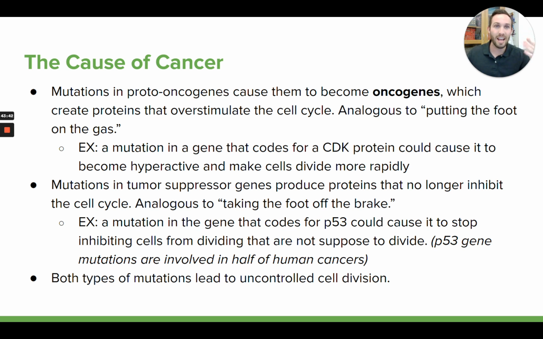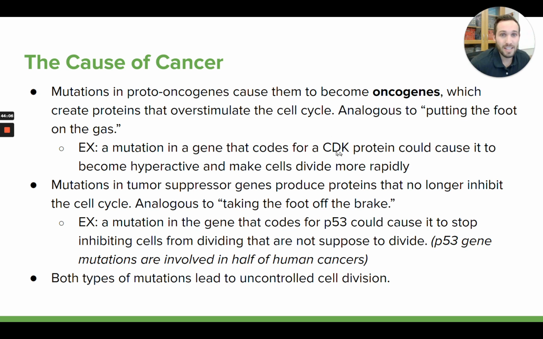Well, then you're going to have faster progression through the cell cycle than you're supposed to. That's bad. You don't want cells going through the cell cycle and dividing more than they're supposed to. If these CDKs become more active than they're supposed to be because of a mutation, that could lead to increased cell division, and that's what causes cancer. So that's one example.